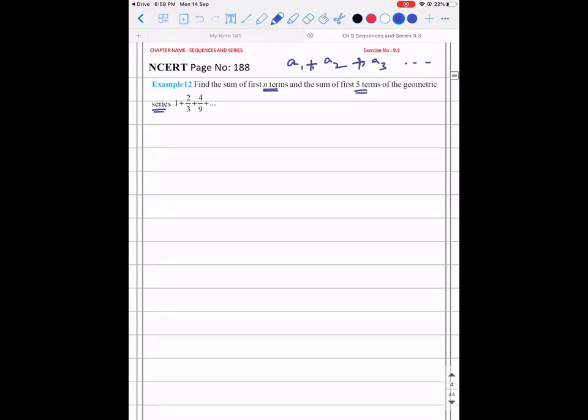Okay. Find the sum of the first n terms and the sum of the first 5 terms of the geometric progression. How to do? So the solution is, what is it that you're able to observe? Given A is 1, R is 2 by 3. So the general term is A R power n minus 1.